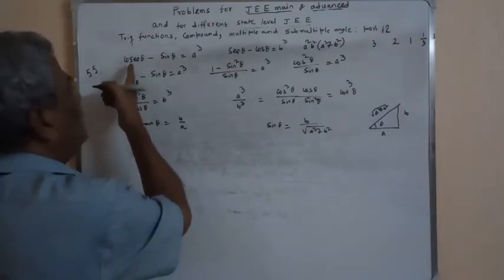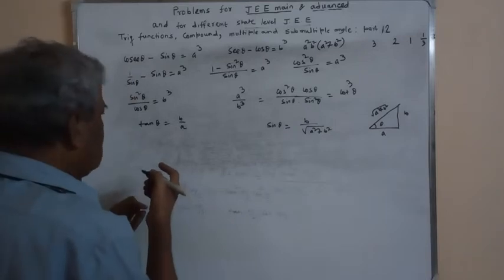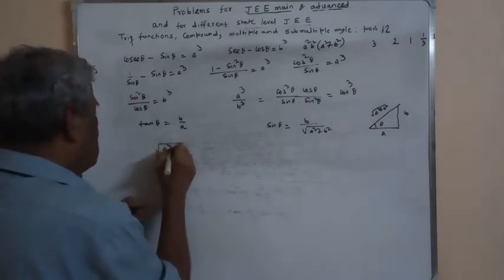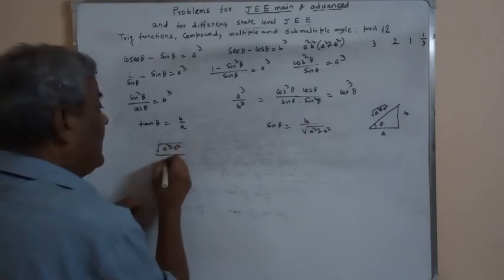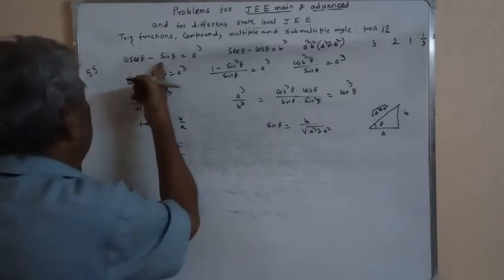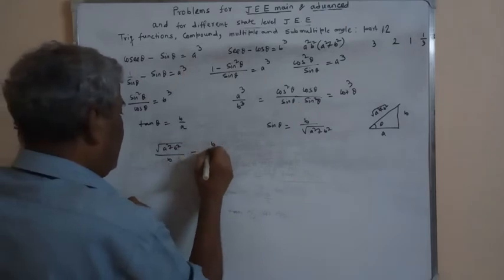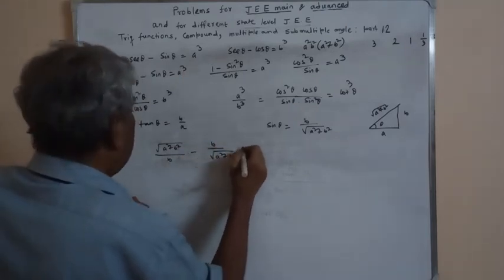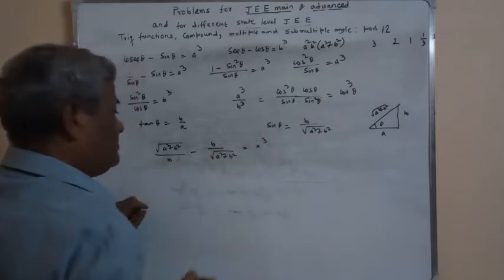Now put it in this one. Cosec theta means 1 by sin theta. So root over of a square plus b square by b minus sin theta, that is b by root over a square plus b square, is equal to a cube.